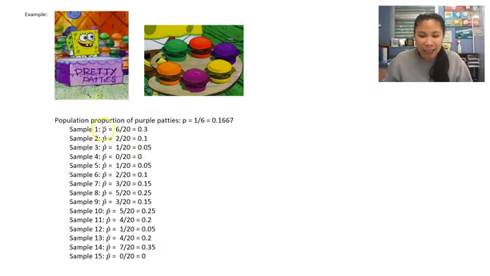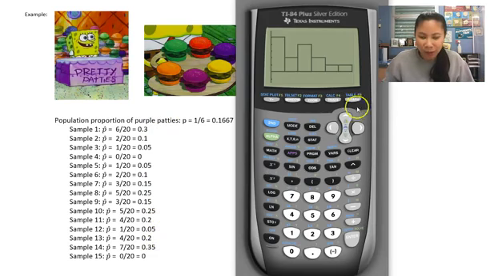If I had done this with SpongeBob's 600 total pretty patties, and figured out all the different combinations of 20 pretty patties that I could get, and then found each of those sample proportions and looked at all of them together, that would be the full sampling distribution. But right now we're just doing a demonstration, so I'm not going to go crazy here. What I've done is graph this out in my graphing calculator.